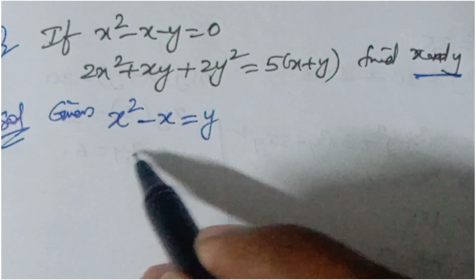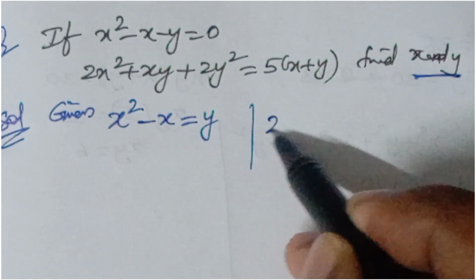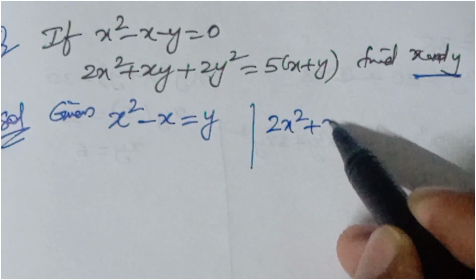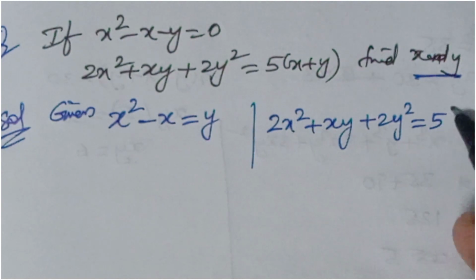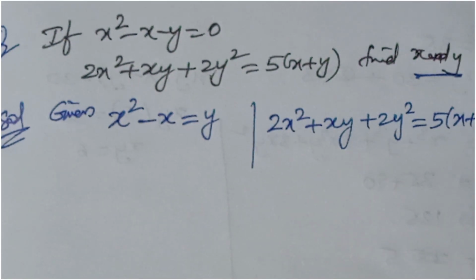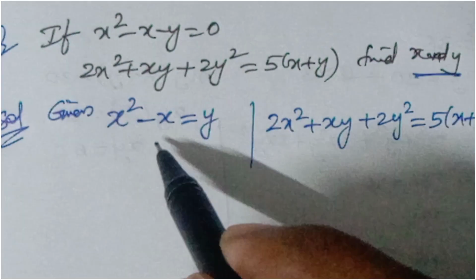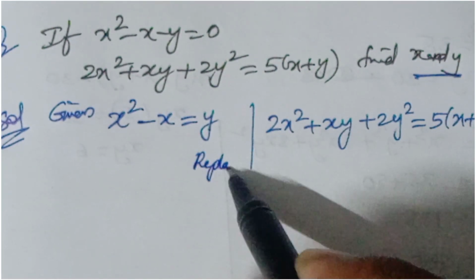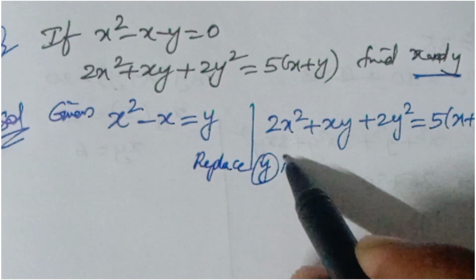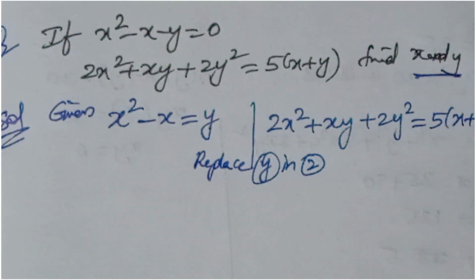So here the second equation is given. Second equation: 2x square plus xy plus 2y square is equal to 5 into x plus y. So here you can write in the place of y, replace y in the second equation.